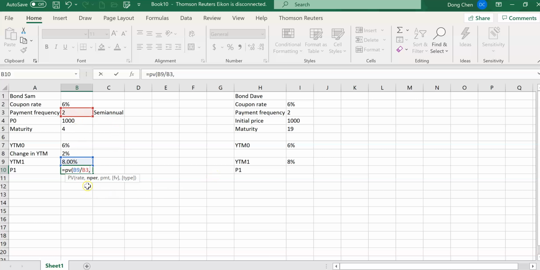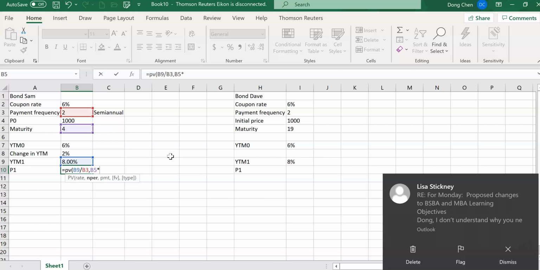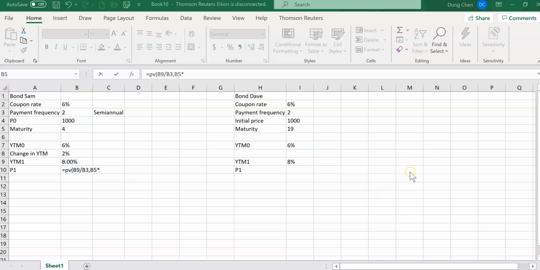And the second argument here is NPER. Basically, this is the number of coupon payments until the maturity. So this will be equal to the maturity years times the payment frequency.